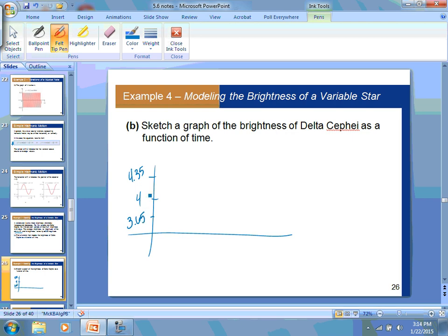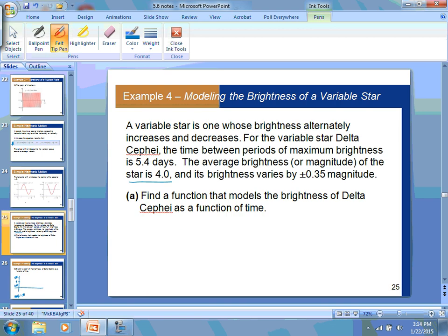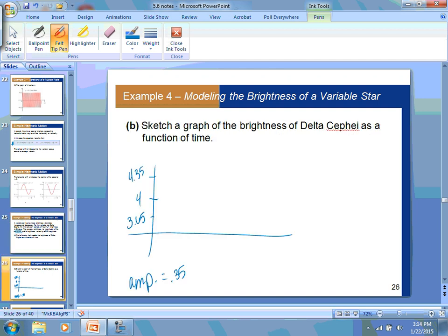Okay, so the 0.35 is kind of like my amplitude. Okay, and then it also says that the time between the maximum brightness is 5.4 days. So they must have measured when the graph was really, really bright. So it would have been its brightest up here.